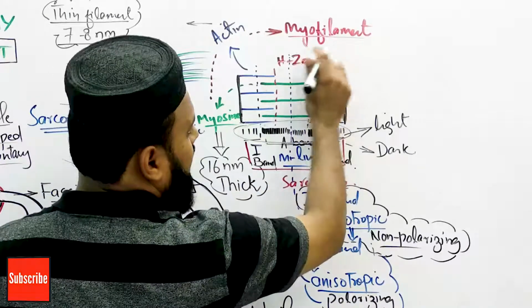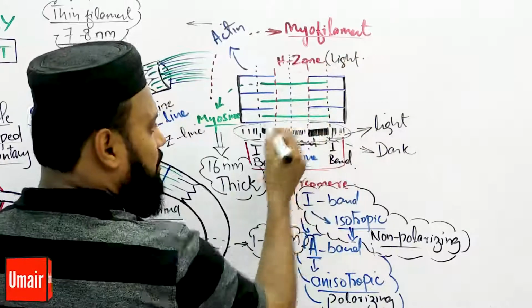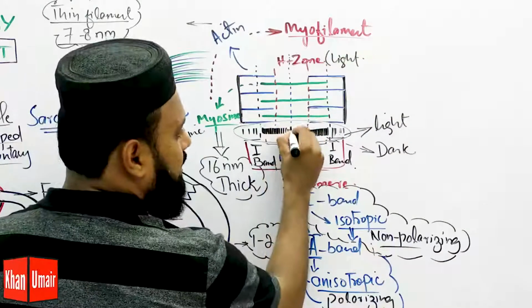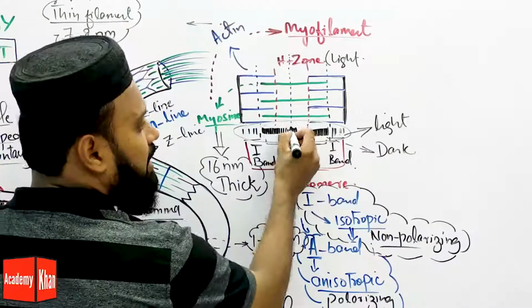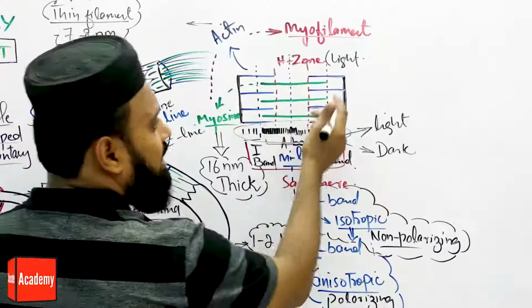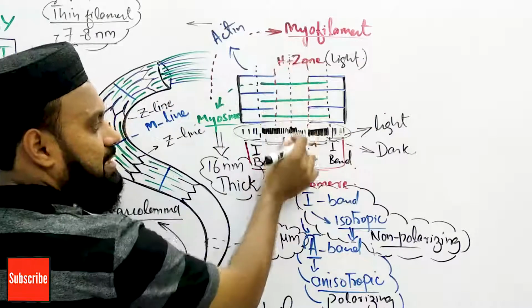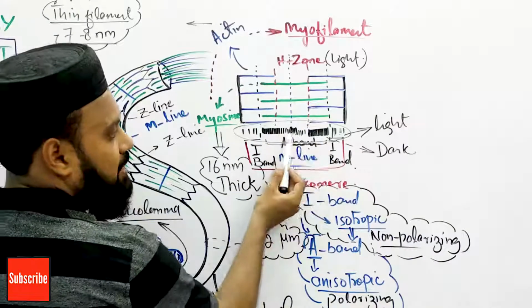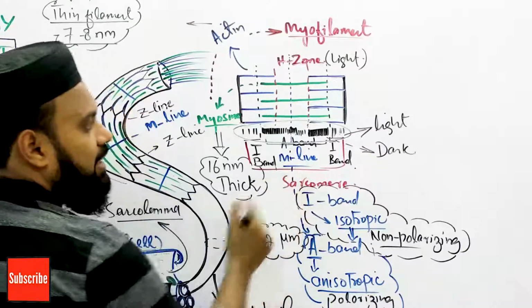We can write here, H zone is a light zone, but the light zone is again dissected by the M line which makes this region slightly darker. So the light portion of the H zone is halved by the dark section which is showing the M line.